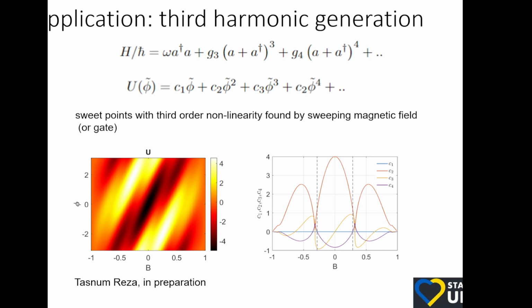So this is just plotting the current phase relation, energy phase relation in this case, as a function of field. You can see at zero field it's symmetric, then it becomes asymmetric, like positive and negative branches are different colors, and that's where you have a phi junction. And eventually there is a spot marked by the dashed line where the fourth order term, the purple line, goes to zero, and the third order term is the dominant one.